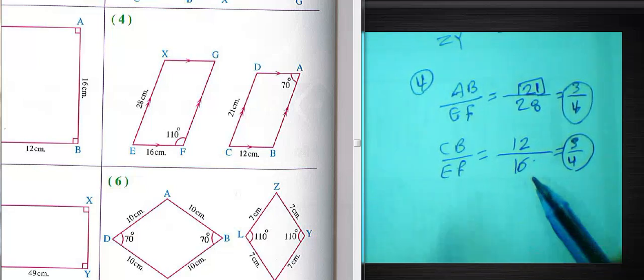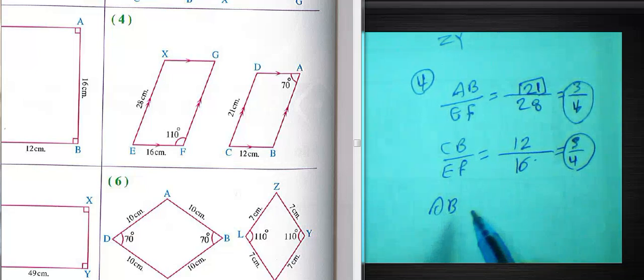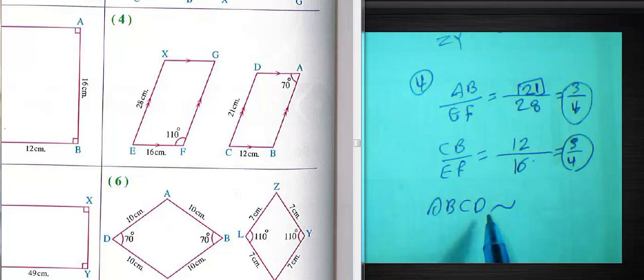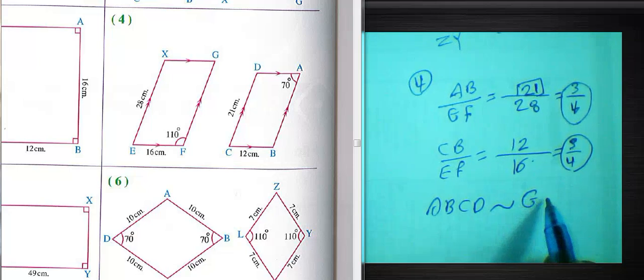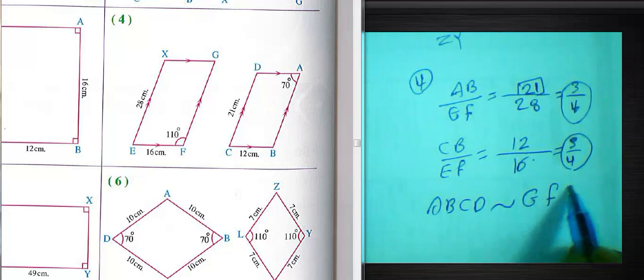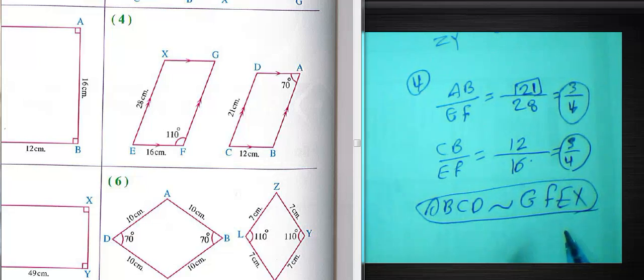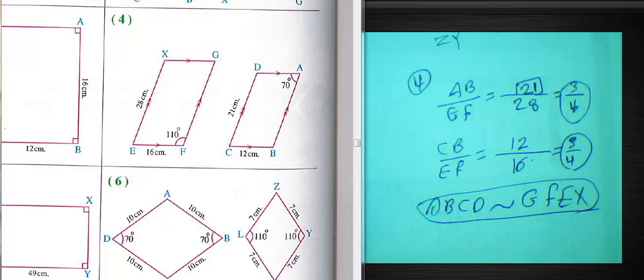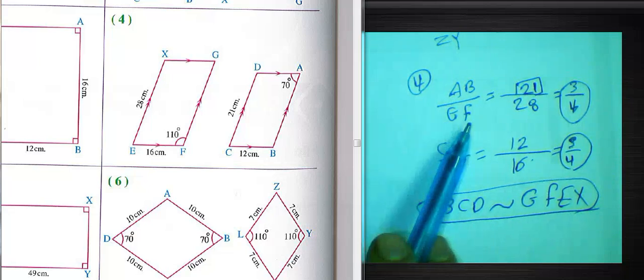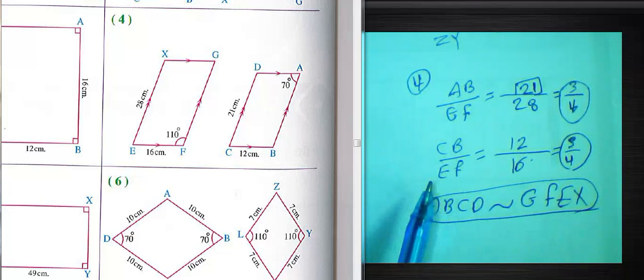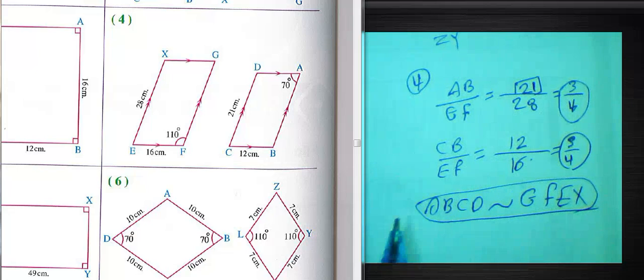So the parallelogram ABCD is similar to GFEX, because corresponding sides are proportional and corresponding angles are equal in measure. So we have the ratio between AB and GF, and CB and EF equal 3 over 4, two dimensions.